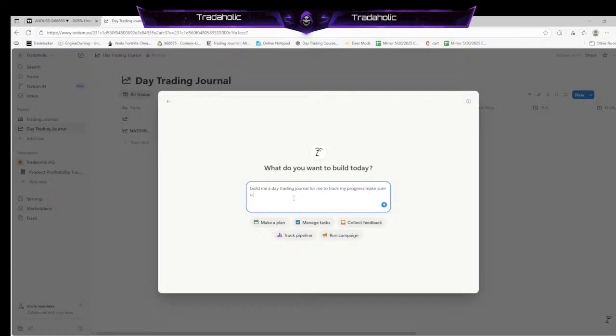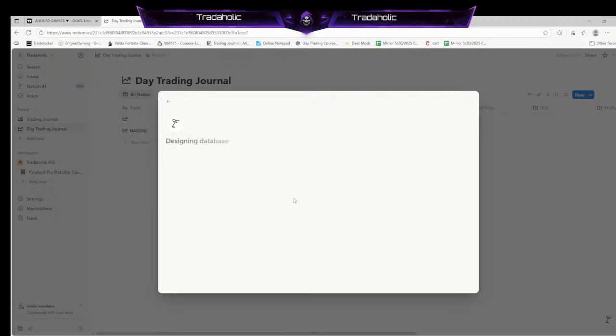Make sure you include a notes, a pre-market and post-market section for notes and before and after image for screenshots. That's it. All you have to do. And then let Notion make the journal for you.